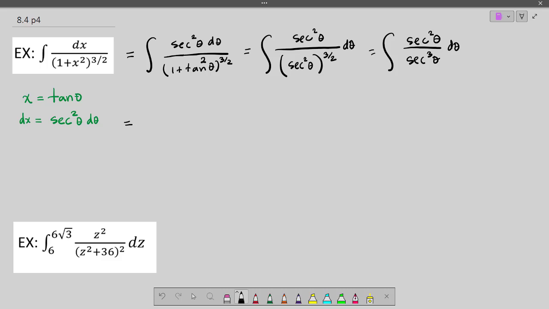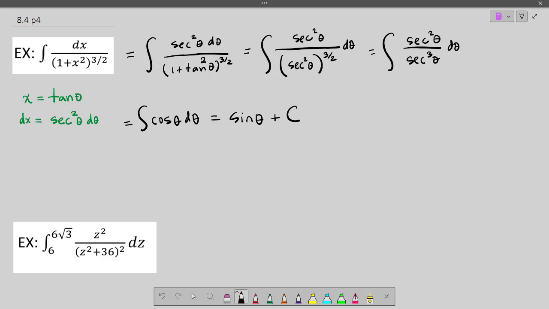We're going to be left with a secant down below. And what does that simplify to? Cosine. Oh, man, there's a nice test question. That's not too bad. And we don't even need our triangle in this case. Well, maybe we will. Yeah, we'll need it. Okay, not too bad. Now we just have to get back to x.